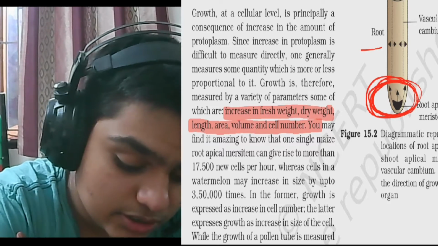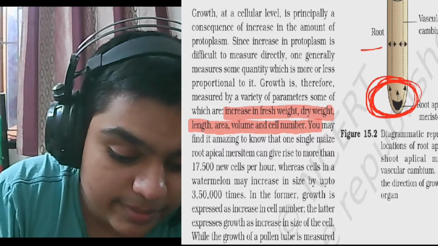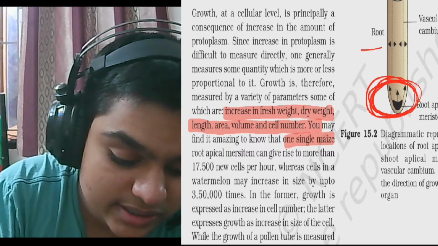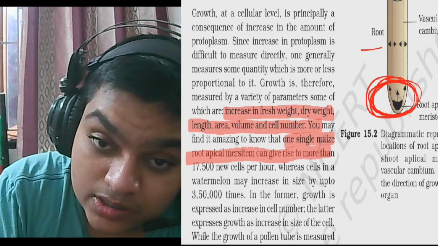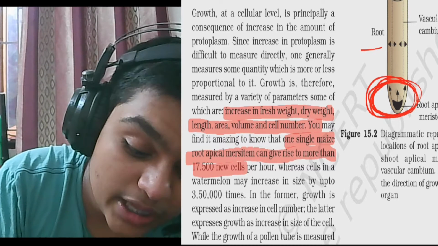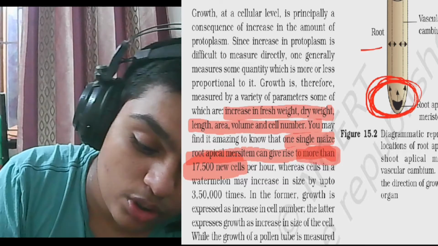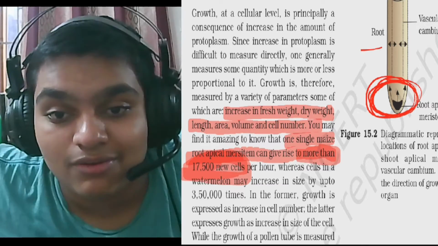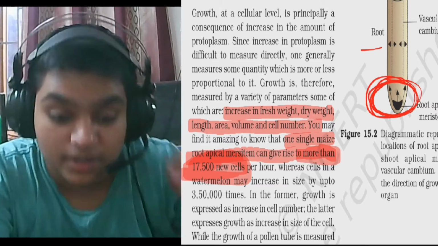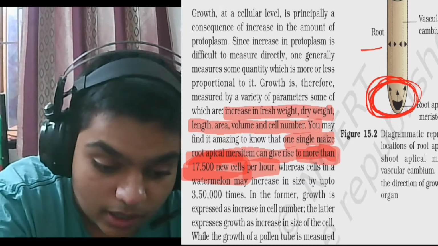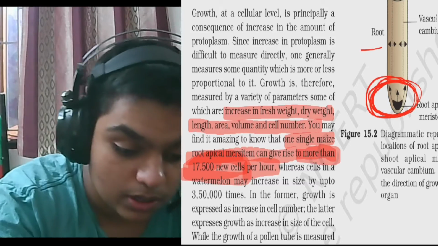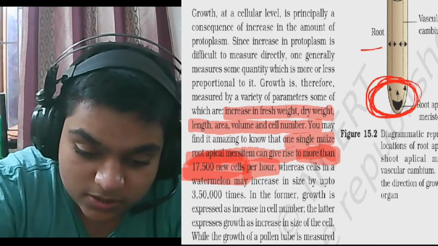And it is amazing to know that one single root apical meristem of maize can give rise to more than 17,500 new cells per hour. See how crazy it is.